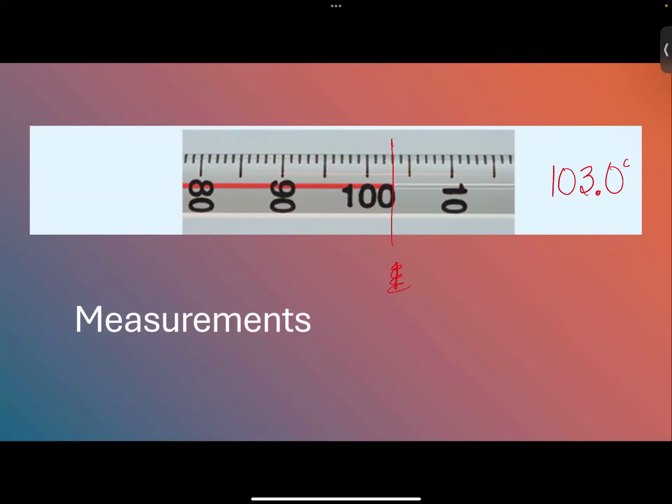I would read this as 103.0 degrees Celsius. You may have read that as 102.9. You may have read it as 103.1. That's okay, as long as our differences are occurring in that 10th place.